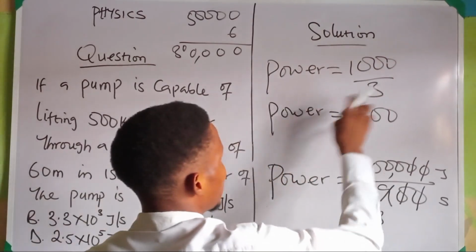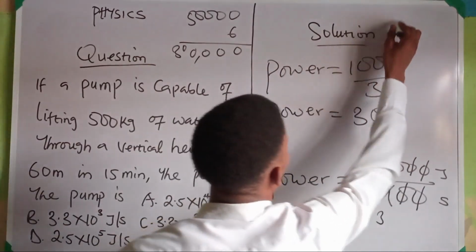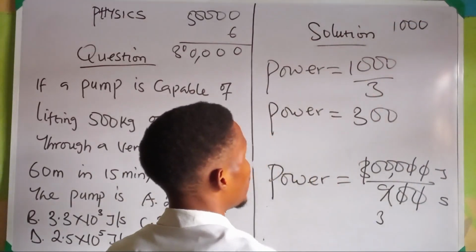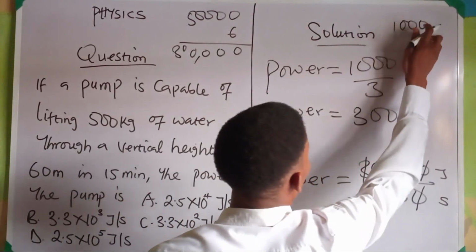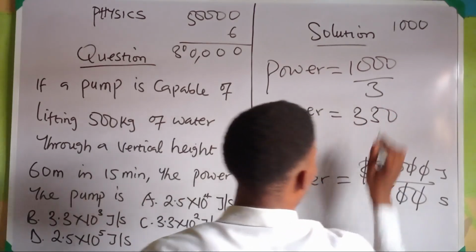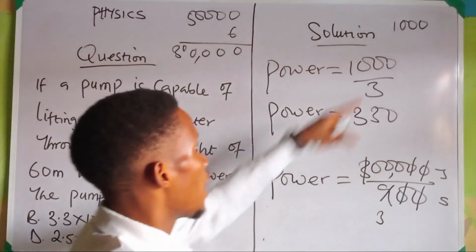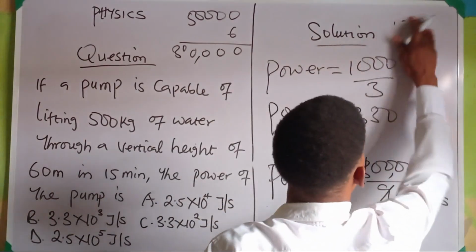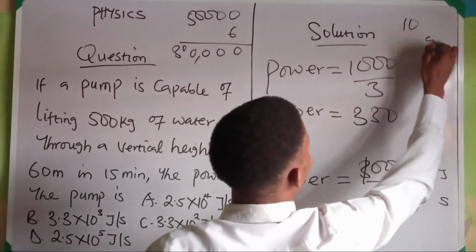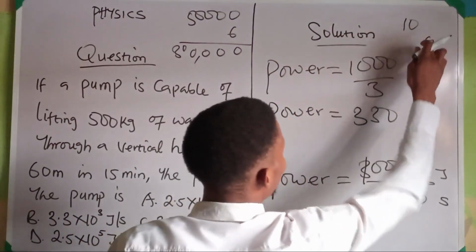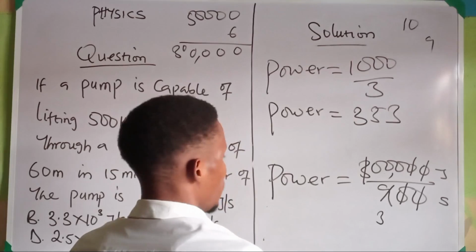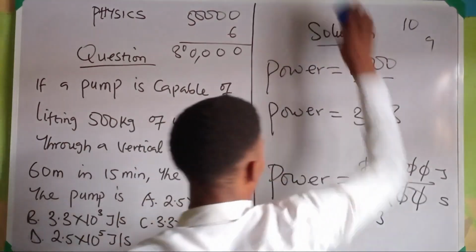Then remaining 100, so under 100 we're having 90. 90 divided by 3, we're having 30. So we're having here 330. Then remember, from 90, we're having 10 remaining. So 10 will go with 9. 3 into 9 will have 3.